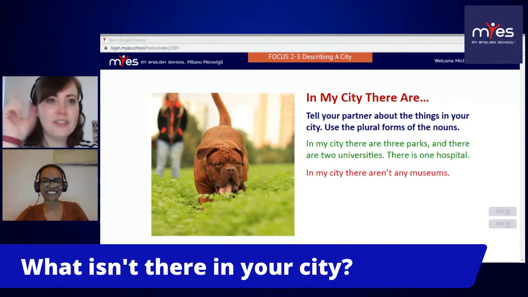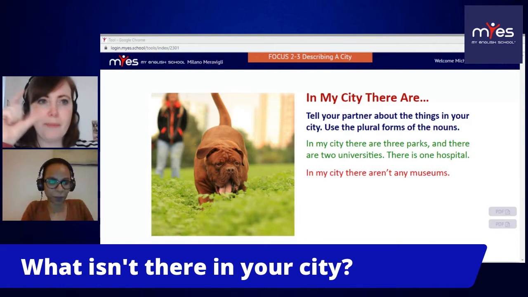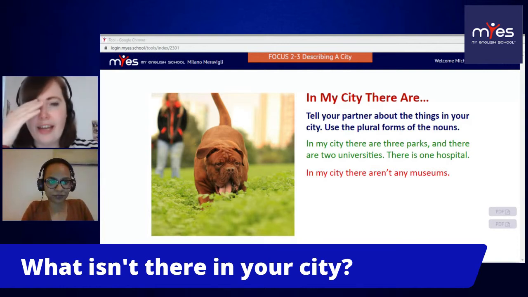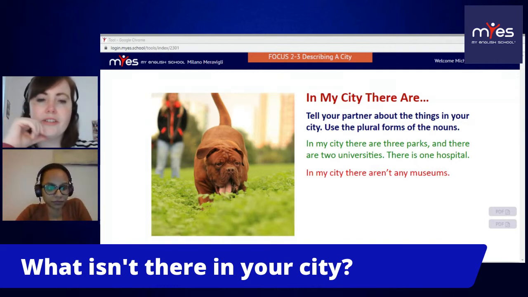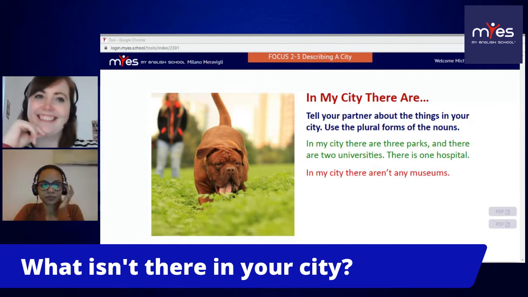Yeah, of course. So I might do some plurals in the positive and then in the negative, just like the example we have here. So I can say in my city there are some shops and some restaurants. And there are a lot of pubs because it's Ireland.